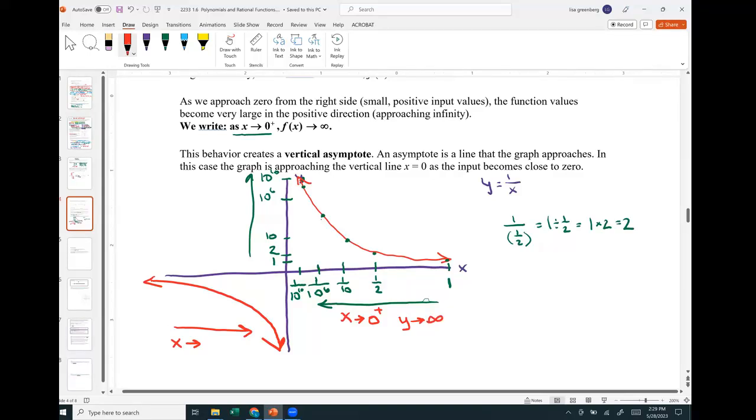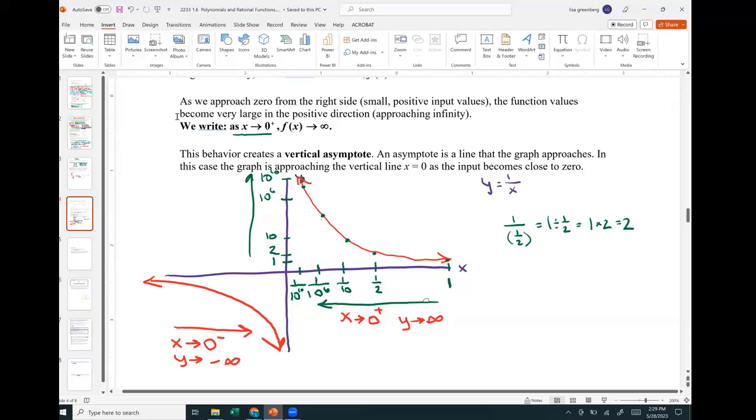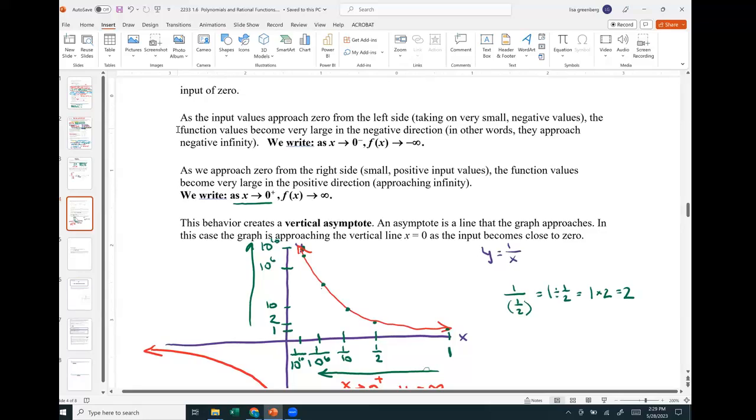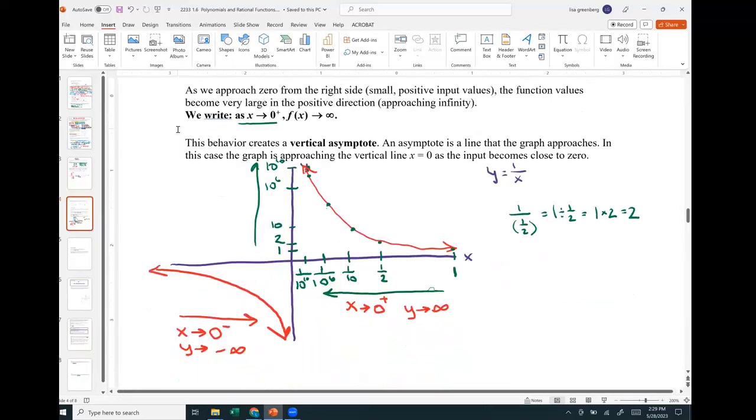As x approaches 0 from the negative side, y is approaching negative infinity. Okay? And that's basically what all that says. And hopefully that made it a little more clear.